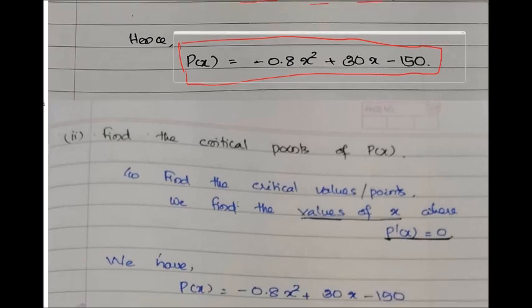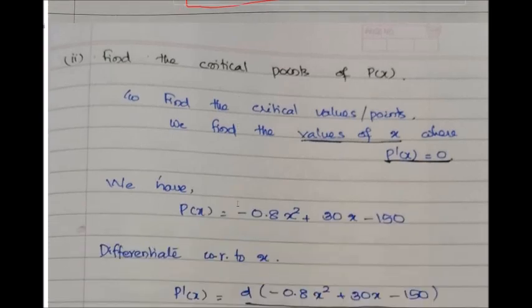Now, in the second question, find the critical points of P(x). To find the critical points, we find the values of x where P'(x) is equal to 0. First we need to find P'(x), and equating that to 0, we will get the value of x. Here we have P(x) = -0.8x² + 30x - 150.